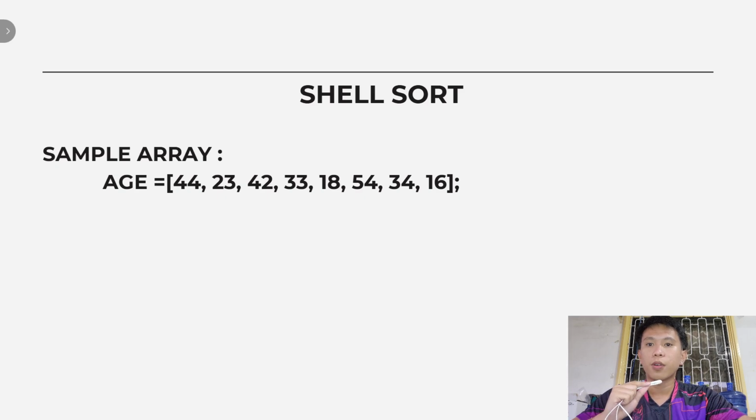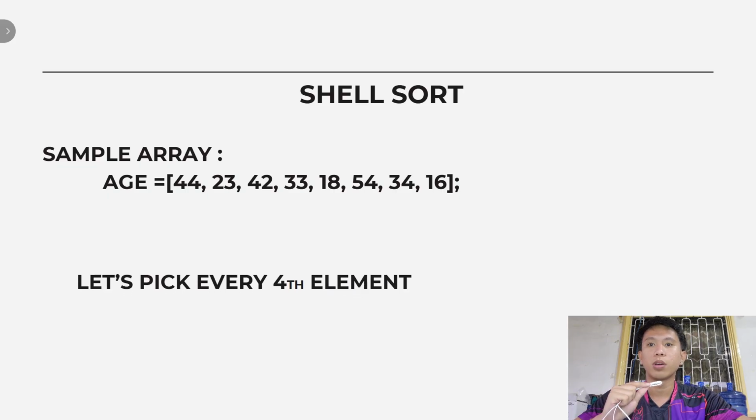The formula for getting the first gap is n divided by 2, where n represents the length of our array. Since our array has 8 elements, it will become 8 divided by 2, which is 4, so we pick every fourth element of this list.